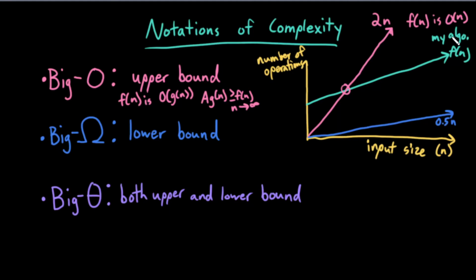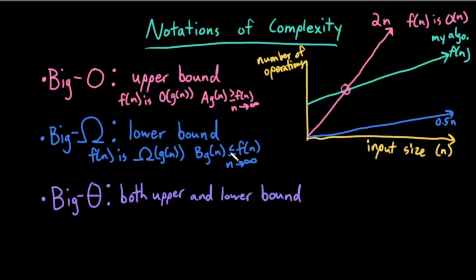So let's describe big omega. We would say f of n is big omega of some function g of n if there's some constant, in this case I'll say b because I already used a here, some constant b times g of n is less than or equal to f of n as n approaches infinity.